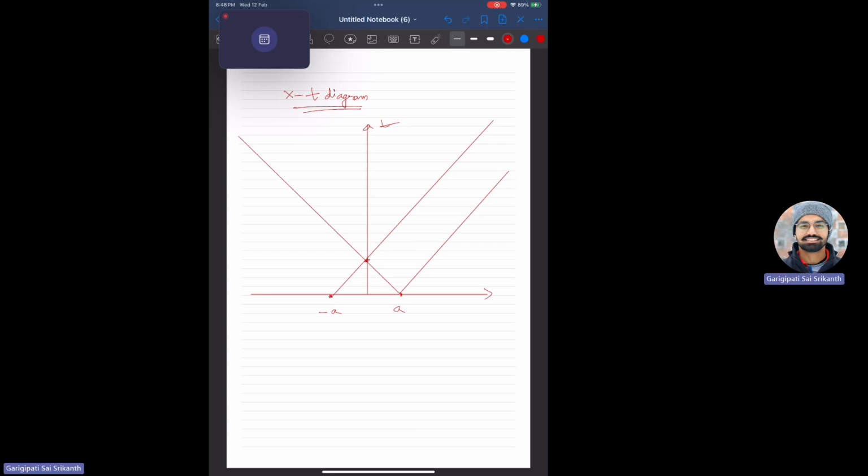Just assume that they are intersecting. So what is this slope? This slope is sort of t by x, and we know x by t has to be c naught, the wave speed. So this particular slope will be 1 by c naught, because it is t by x. So this is the slope.